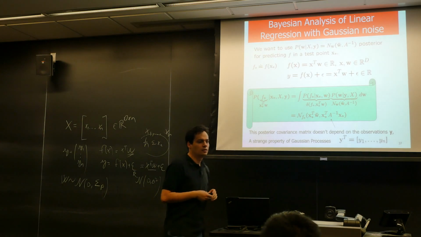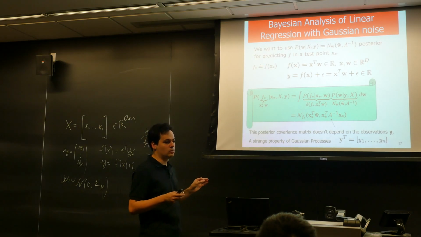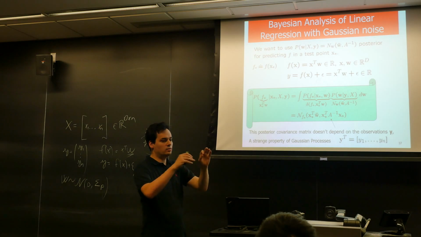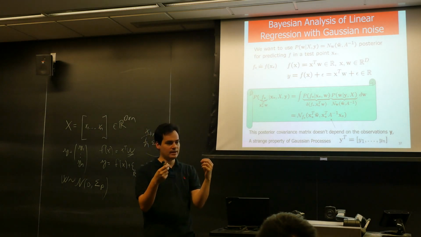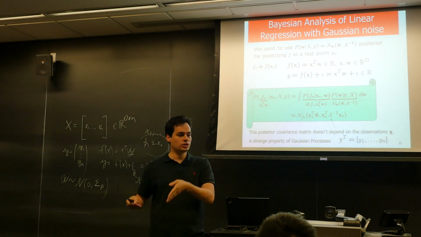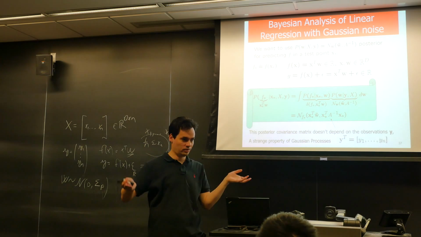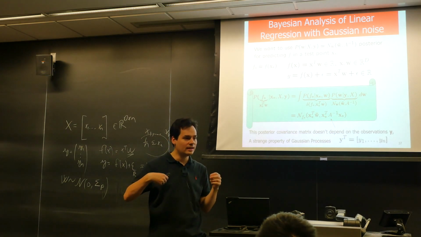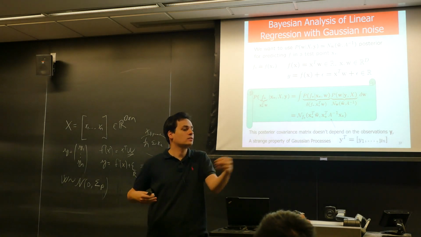Yes? What do you mean by writing F star over there? I mean, in what sense is it a random variable? Right. So what I was curious about is, we calculated the posterior distribution of W, and I want to use that to predict the function value at the location X star. So you fix your location X star. You had your training data, you learned W, and I want to use that to do prediction at any location, say at the location x star.